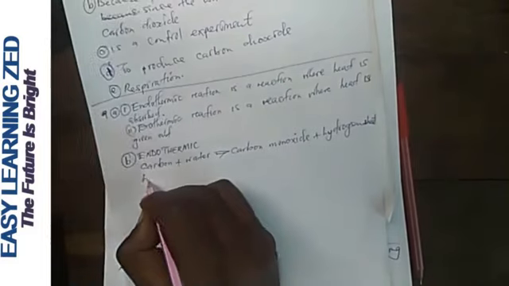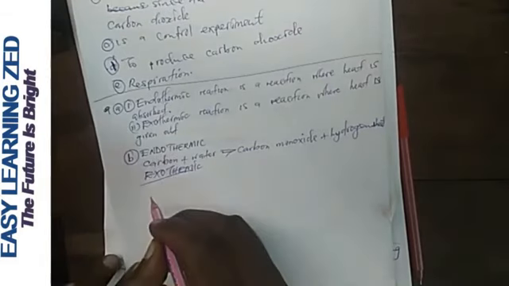Let's talk about exothermic reactions. Which reaction is going to be an exothermic reaction? An example of an exothermic reaction is the combination of hydrogen and oxygen to form water.